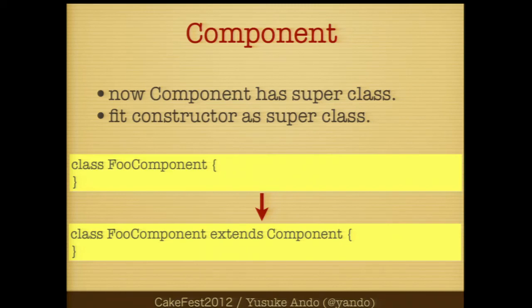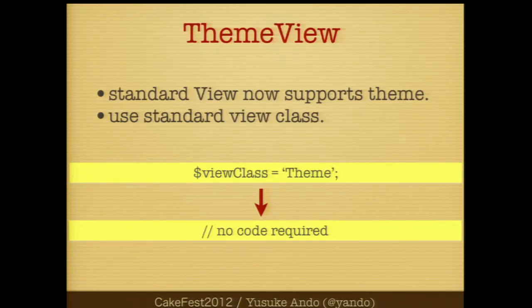So if you have some of your own components, you need to change the definition, and also you need to fit the constructor to the superclass. And themeview. Yeah, themeview was separated from the standard view class, but since Cake 2, this feature is just part of the standard view class. So just remove this extra setting from your controller.